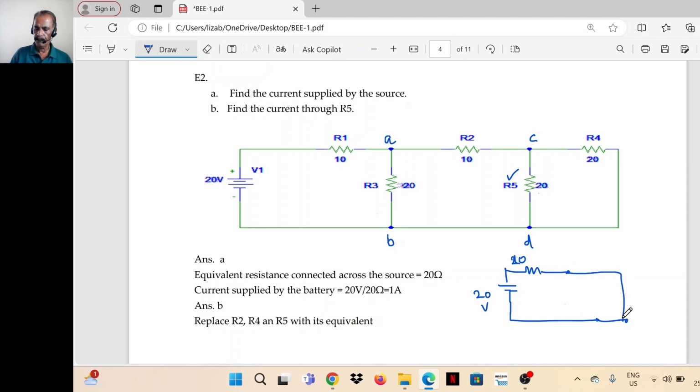So the total resistance connected across the battery is now 20 ohms. Therefore the current is 20 divided by 20. So I is equal to 20 volts divided by 20 ohm, that is equal to 1 ampere. So the total current supplied by the network is 1 ampere.